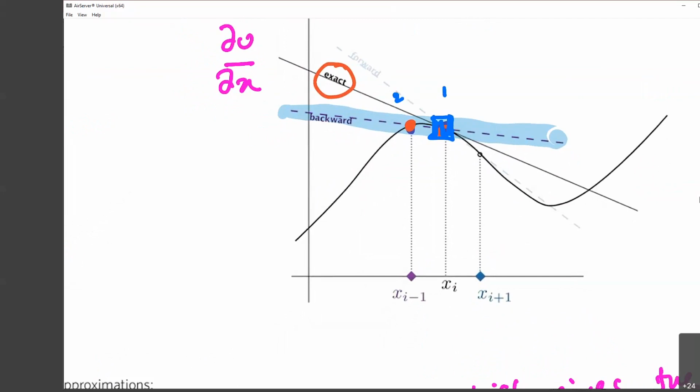By using the backward difference, when you calculate the approximation, this is delta x, your approximation will give a value slightly to the left of xi, meaning that your value is close to 1. This is our exact value, but it is to the left.